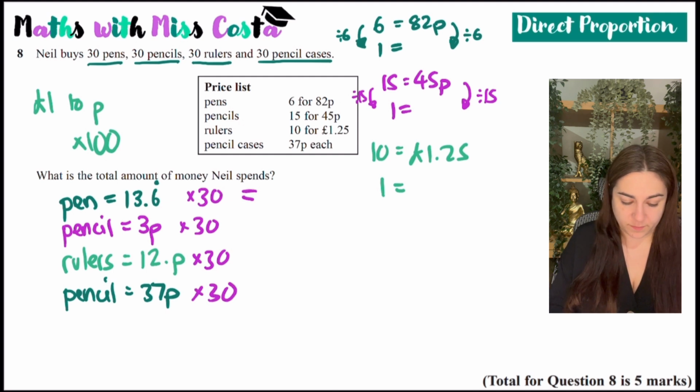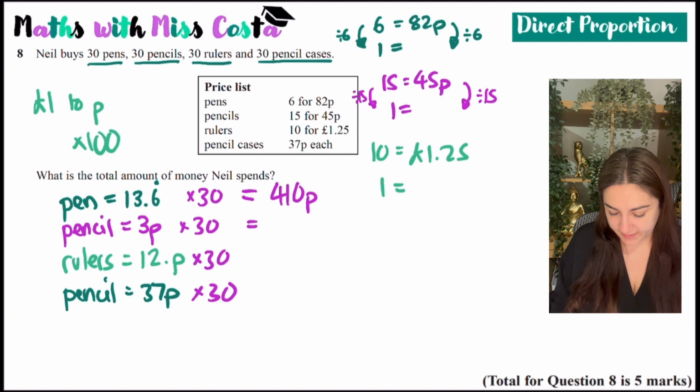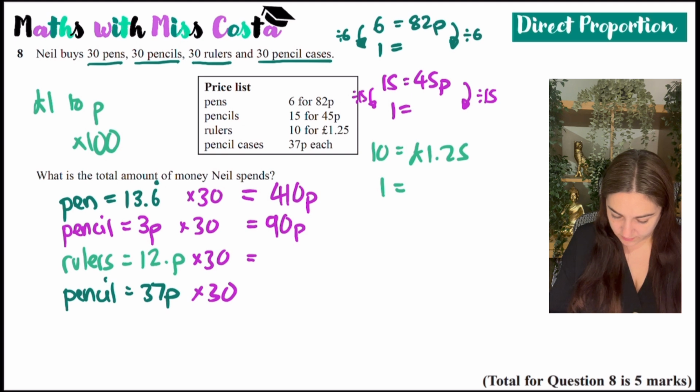So 13.6 recurring times by 30 gives me 410 pence. 3 times 30 is 90 pence. I said rulers are, it should have been 1.25.